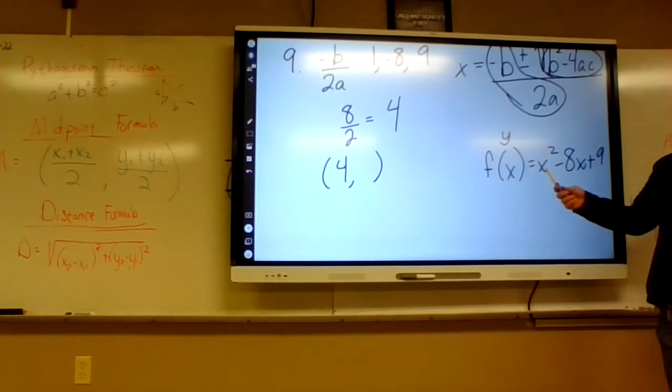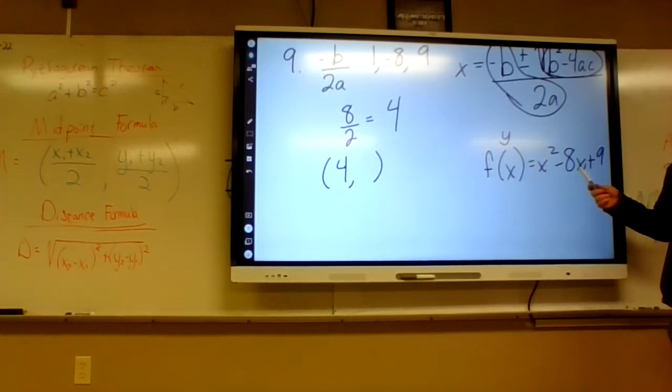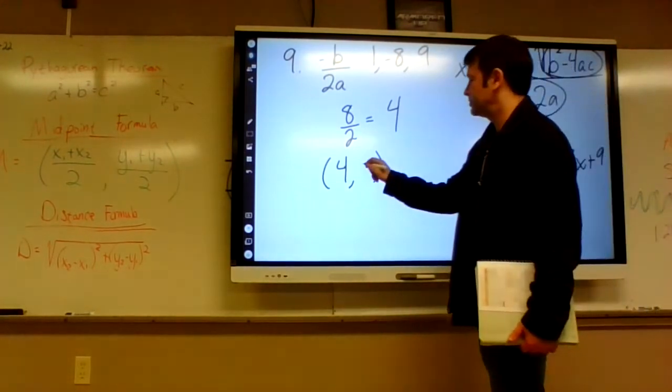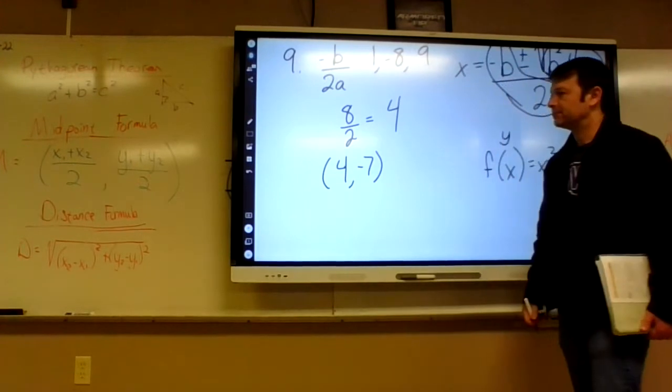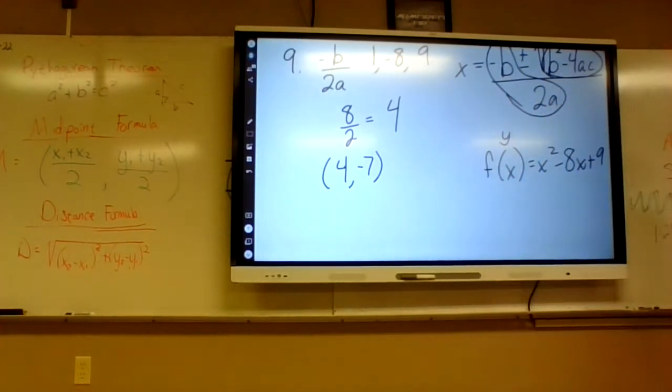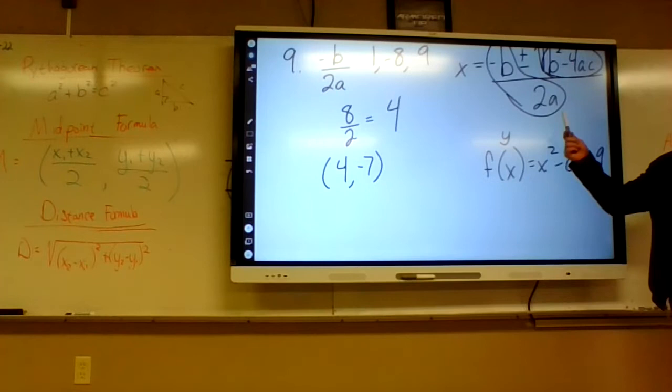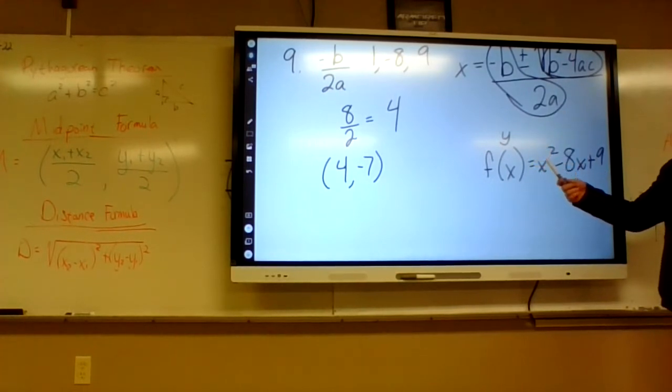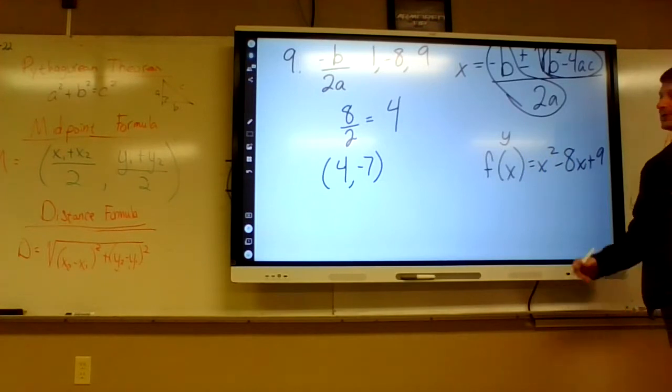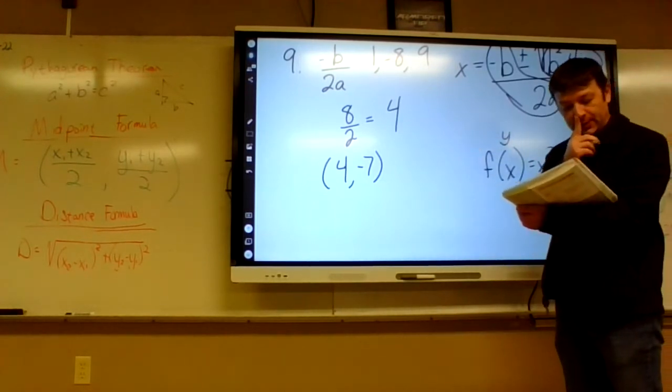If I plug in 4, I get 16 minus 32 is negative 16, plus 9 is negative 7. And that's the hard part on finding the vertex. So I use negative b over 2a to find the x-coordinate, and then I plug the x in to find the y-coordinate. That's it.